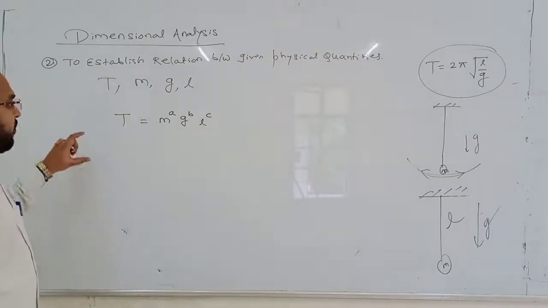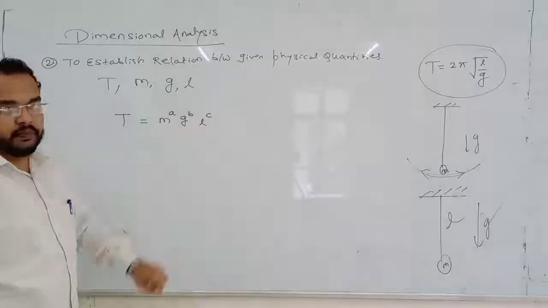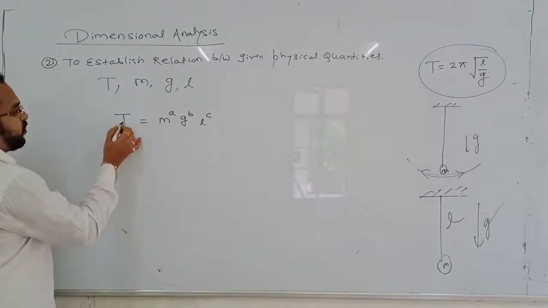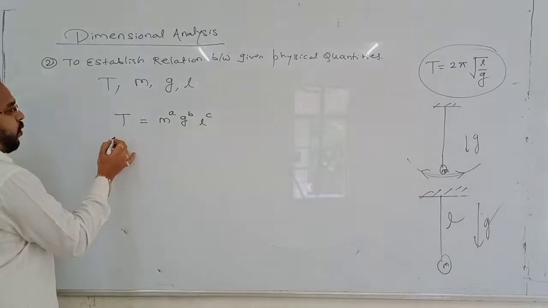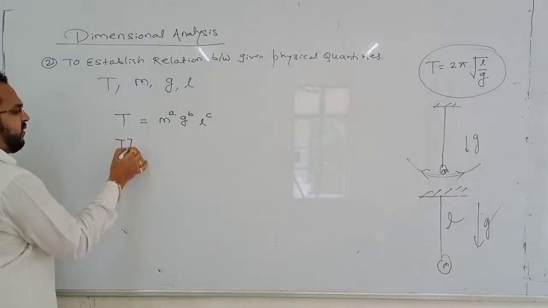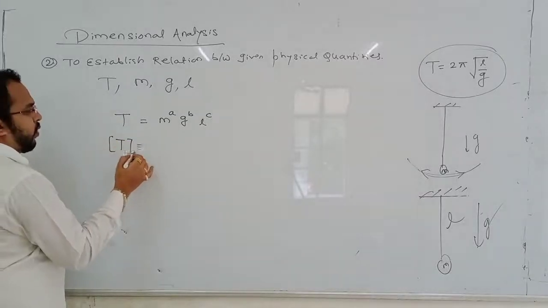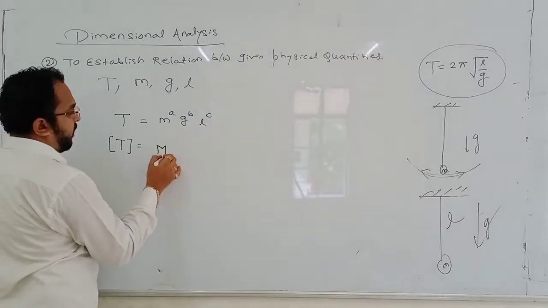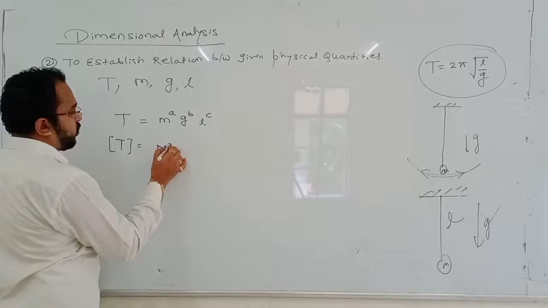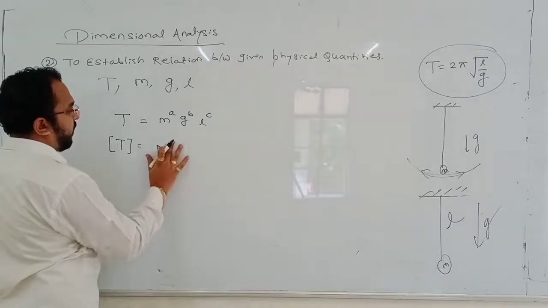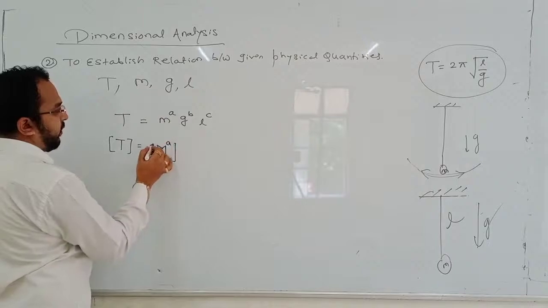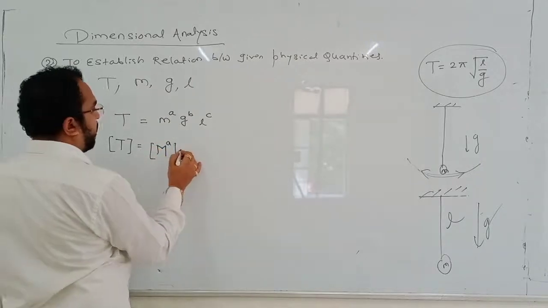Then write the dimensions of each term. So what are the dimensions of time? It is T. What are the dimensions of mass? M to the power A. Okay.